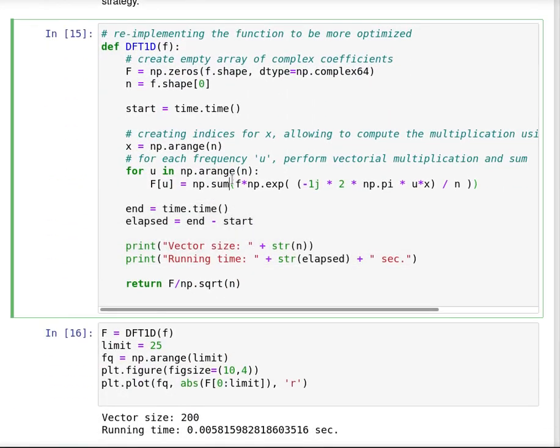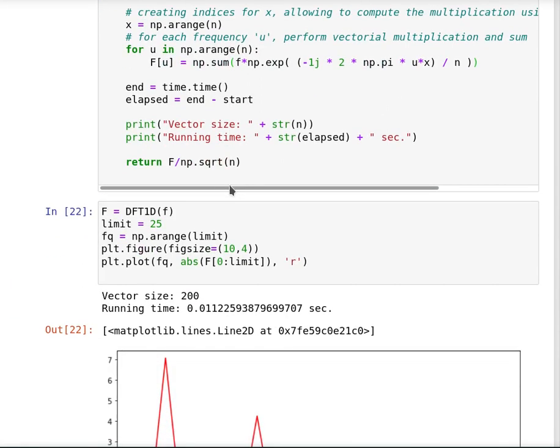And with this new function here, the running time is much lower. So it can run at least 100 times faster or so.